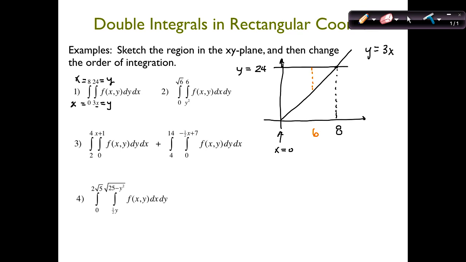But x equals 8 does happen to be the x coordinate of that intersection. So that's where we're at. Now we've got a region.